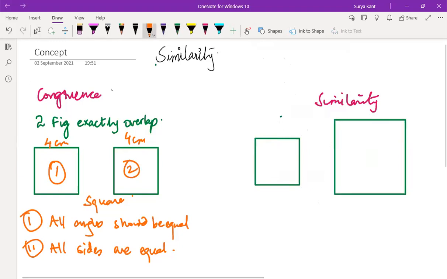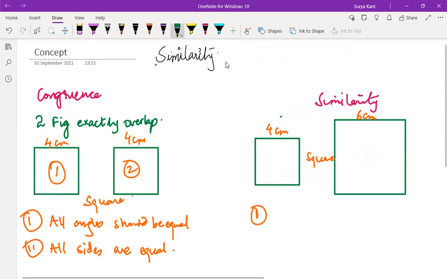This is 4 centimeter and this is 6 centimeter square. Both are squares, so all angles are equal. The first condition of similarity is all angles should be equal.